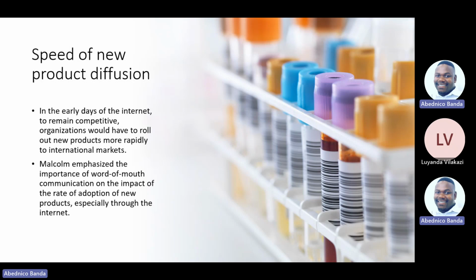But if it is a digital product, then it becomes easy. We use Microsoft, something that is being done in America. We use WeChat, something that is being done in China. So with digital products, it can always be easy to market them to international markets.